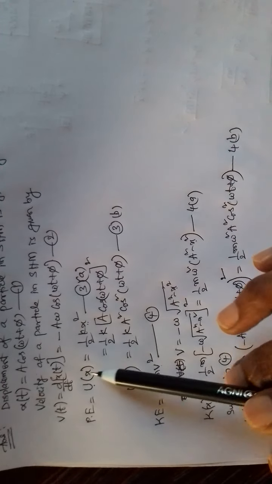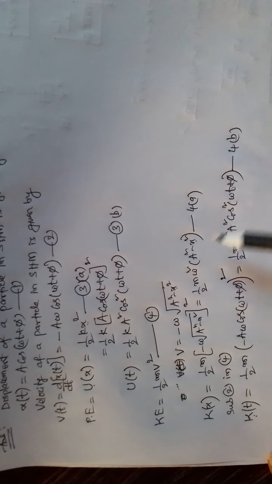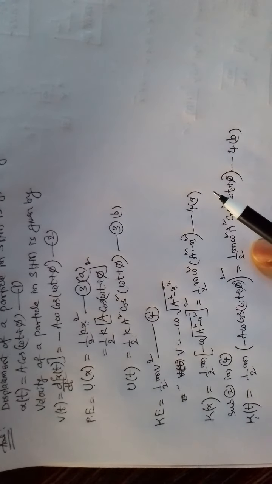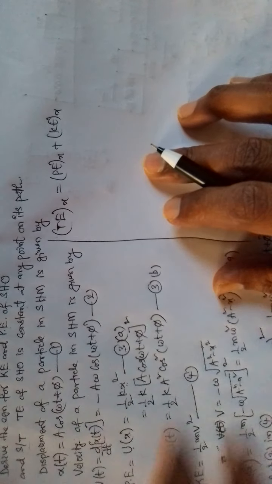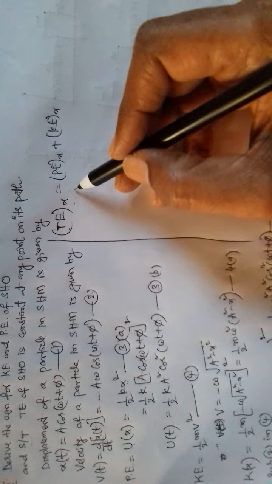Now for potential energy you are having two expressions, and for kinetic energy also you are having two expressions. Now let us find total energy. For total energy also we get two expressions, one in terms of x and another in terms of time. Now let us find total energy in terms of x.